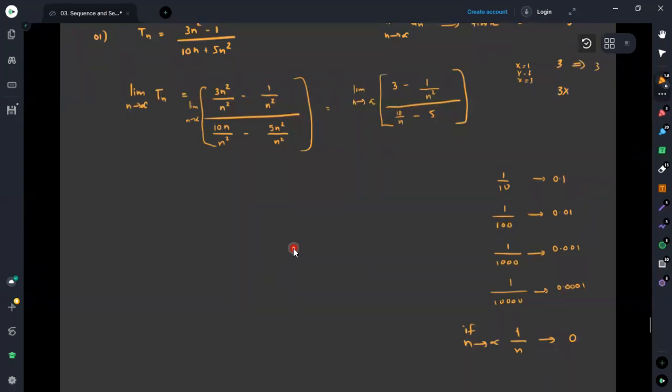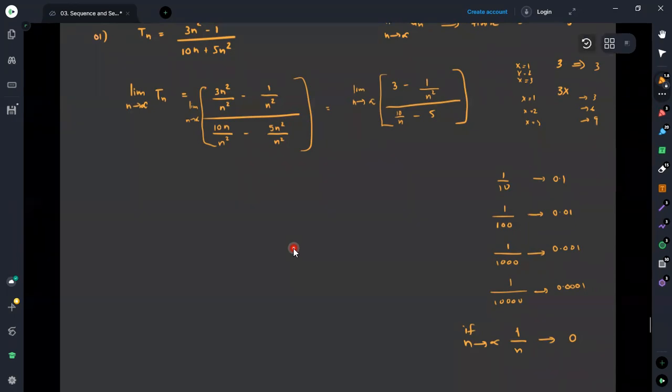But with 3 times x, if x equals 1 it becomes 3, if x equals 2 it becomes 6, and if x equals 3 it becomes 9. Since we can see a variable inside this, we have to consider the value of the variable. Otherwise, if it is a constant, the value of the variable does not affect it.